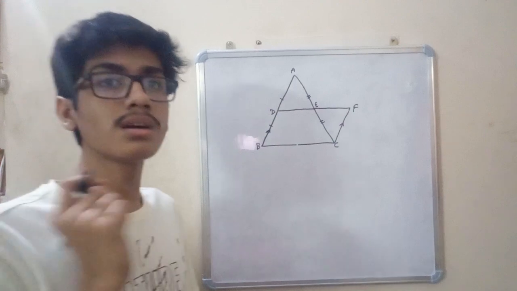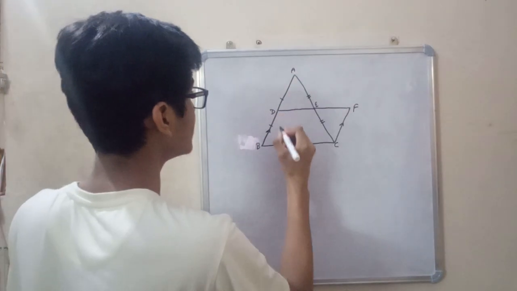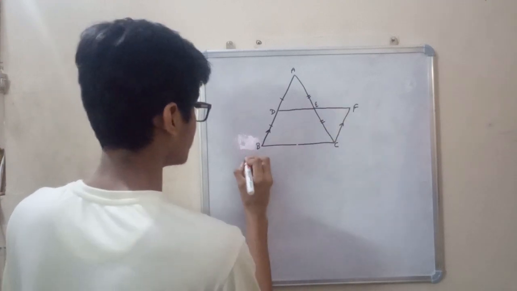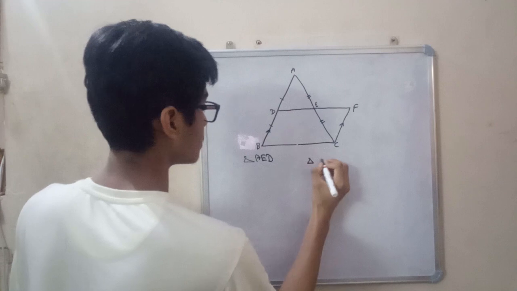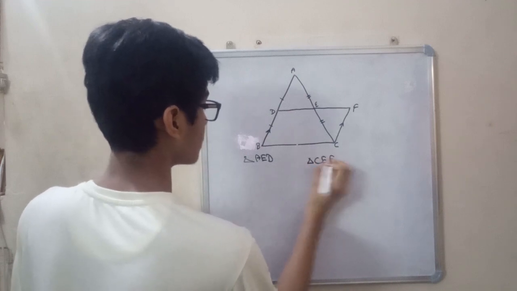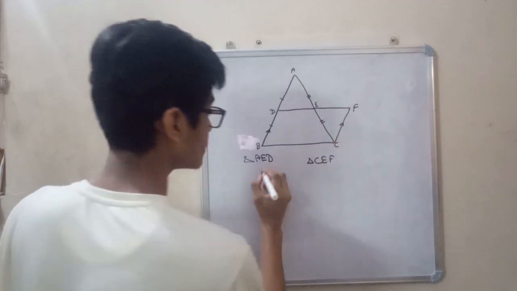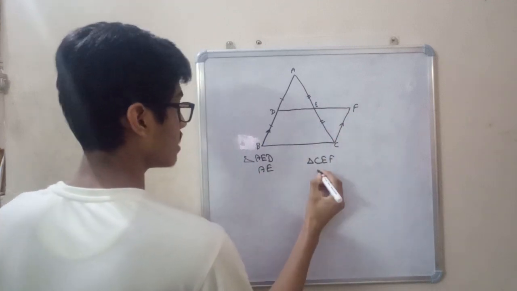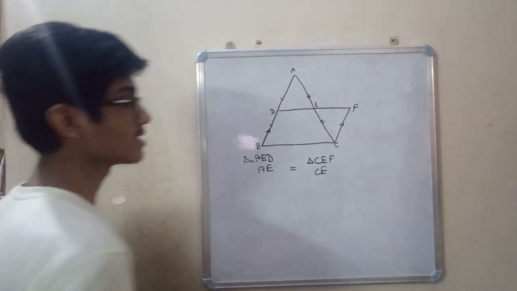Now here comes a bit of the role of congruency. In triangles AED and CEF, first thing, AE is equal to EC as E is the midpoint of AC.